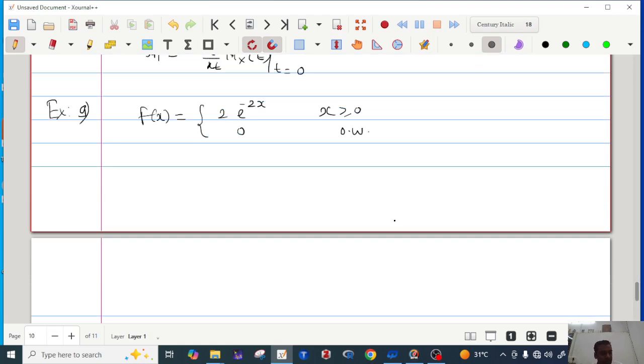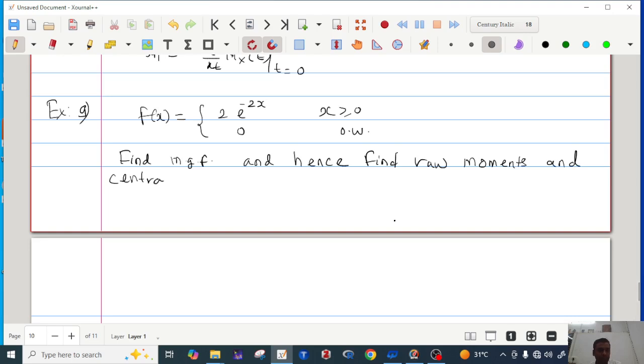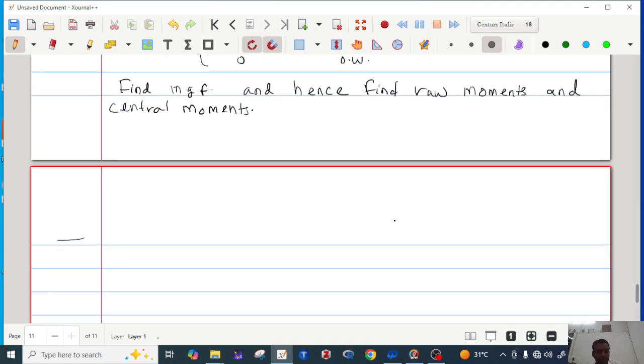Next, find the MGF and hence find the raw moments and other moments. Once you obtain the raw moments and central moments, you can interpret the nature of the distribution.